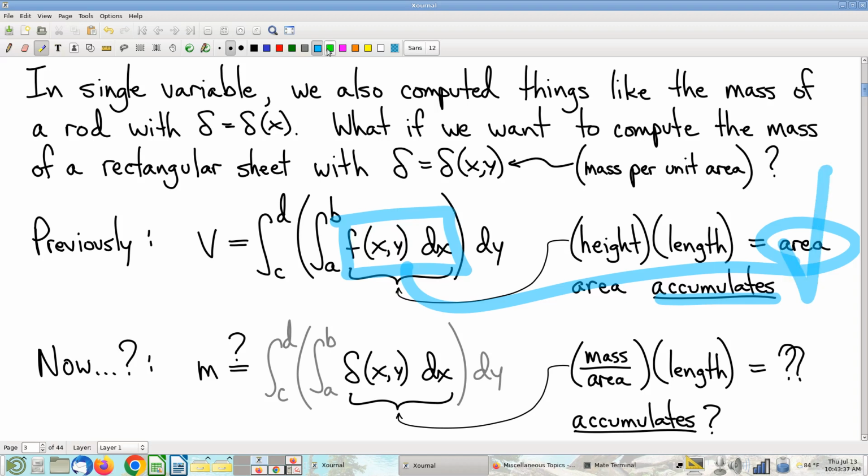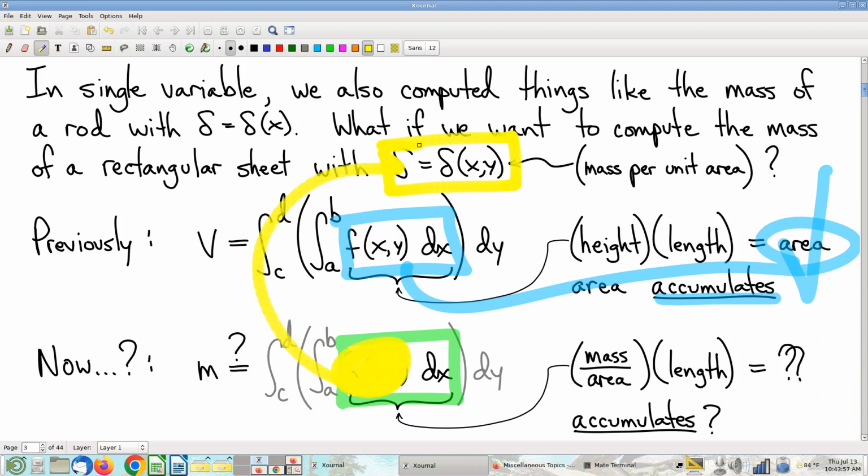Now, let's ask, at that same stage, if I were doing a calculation here where I use density as my integrand, what now does this mean? And can I make an analogous argument? Well, let's see here. What have I here? This density, I'm adding up over an area, so that density is mass per unit area.